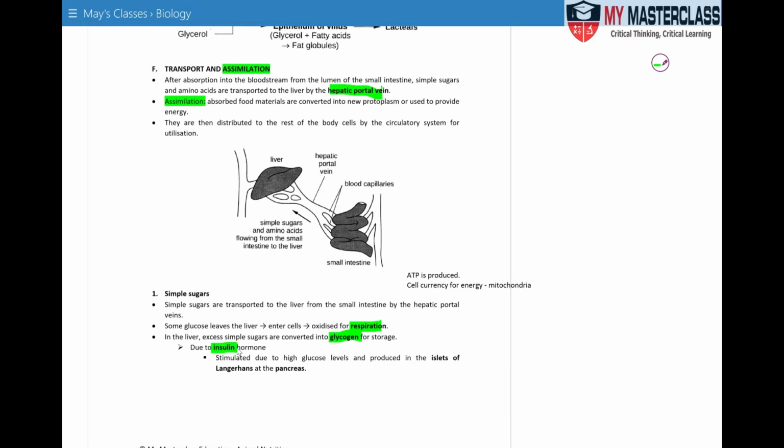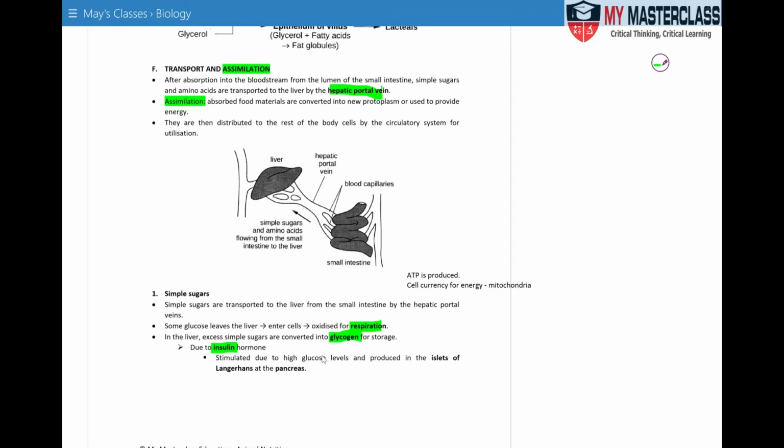What insulin does is that it prevents excessive sugar or glucose from circulating in the circulatory system, which can cause a wide range of medical conditions. So instead, what insulin does is that it will convert all these excess sugars into glycogen.